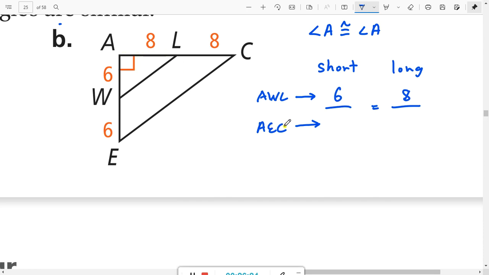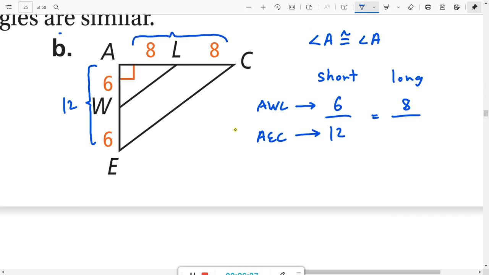And for the bigger triangle, AEC, the short side is 6 plus 6. And the long side is going to be 8 plus 8. All right. Let's see if this works. You can do it on the calculator or reduce. I know that 6 over 12 is just a half, and I know 8 over 16 is just a half. So it definitely checks out.